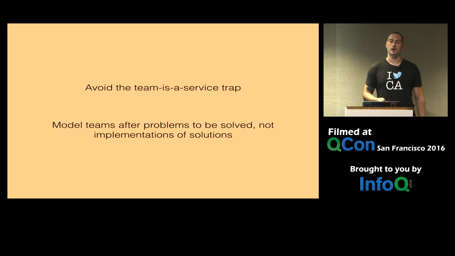So I mentioned earlier that we began to put all this work into the timeline service because as the timelines team, it seemed like the right thing to do. But in reality, it was an operational nightmare. And from the start, if we had put it into a new service on its own, we could have avoided a lot of the resiliency problems that had come along with it. So model teams after problems to be solved, not implementations of solutions for those problems.